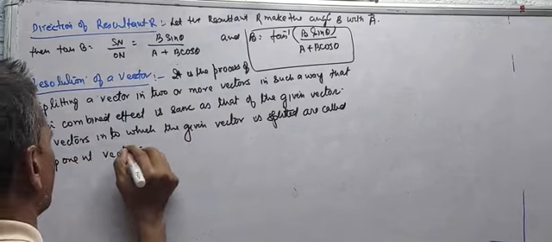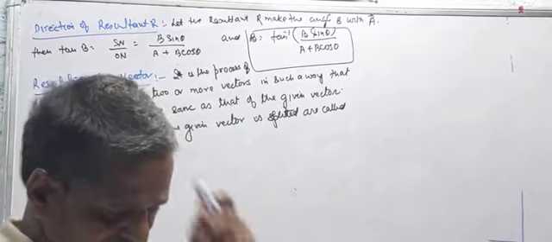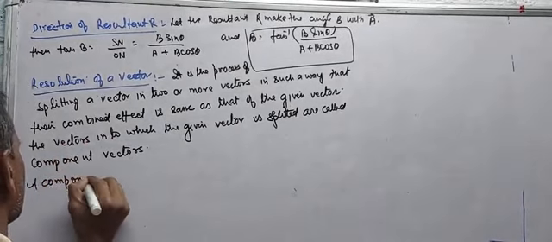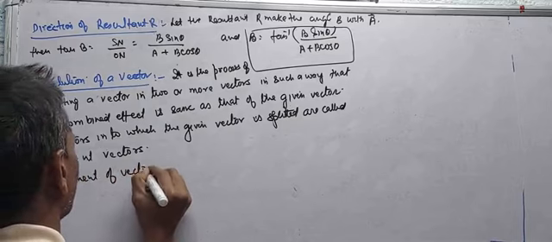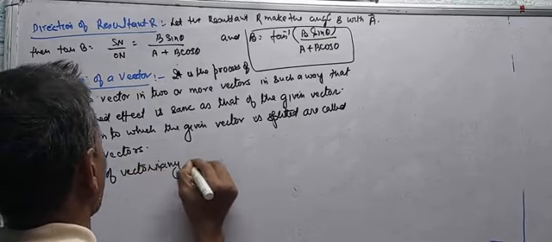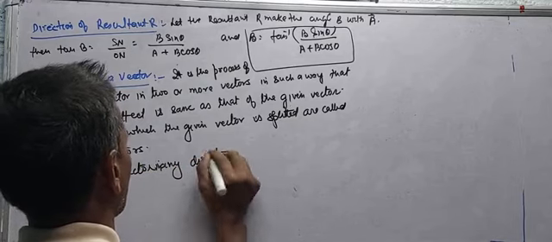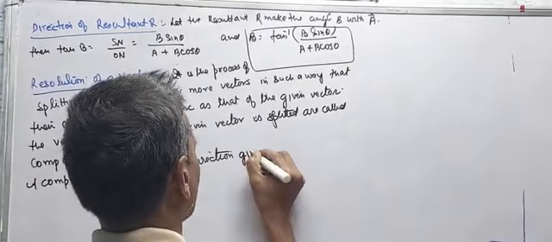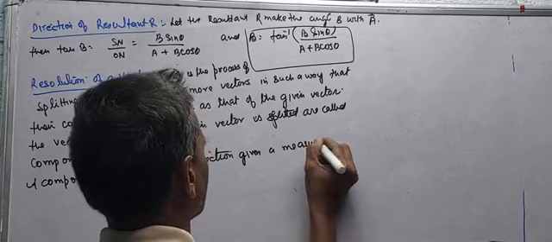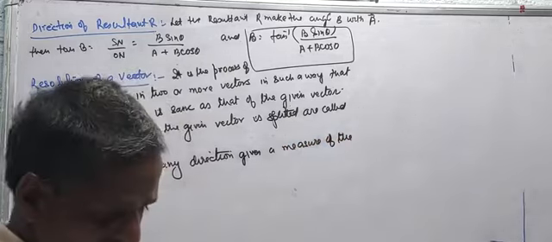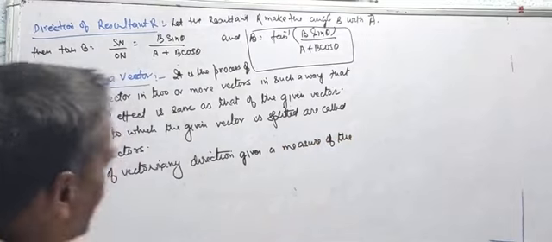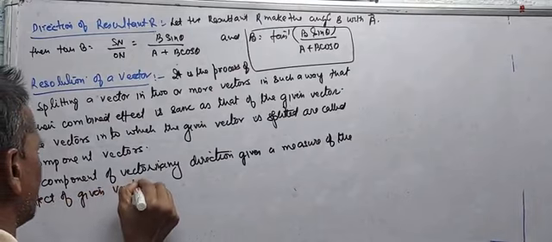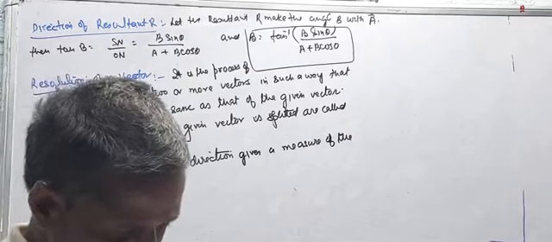A component of a vector in any direction gives a measure of the effect of given vector in that direction.